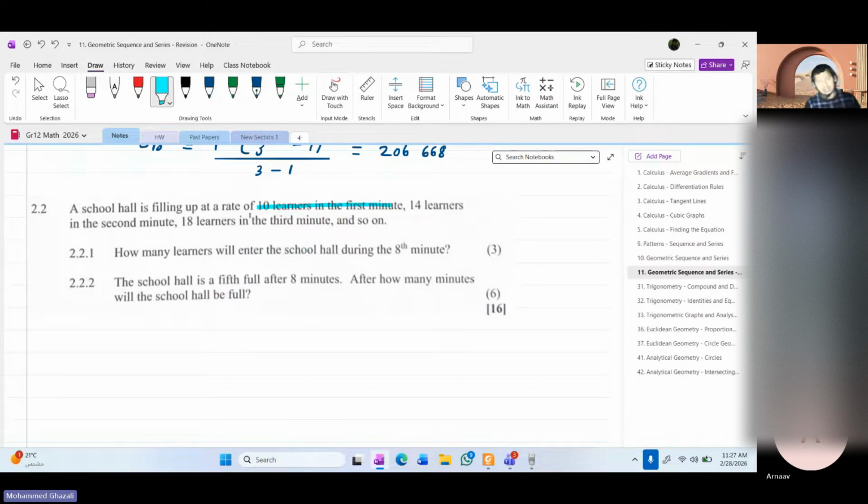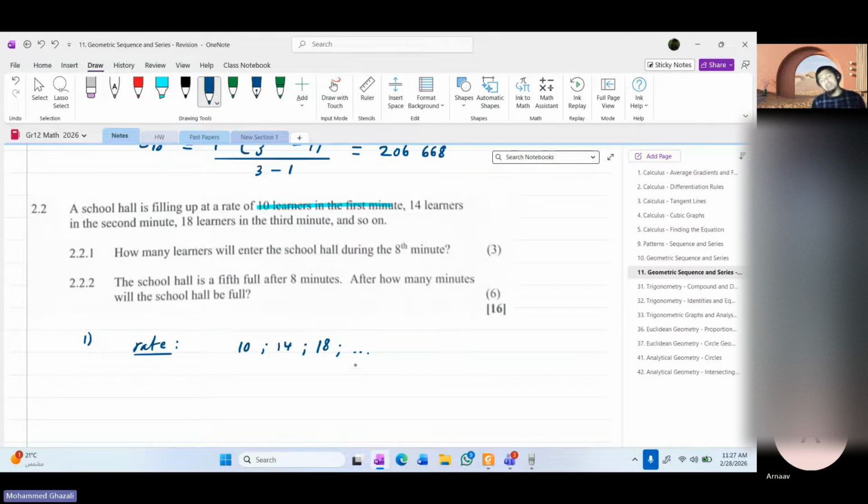So this is a pattern, and it looks like 10, 14, 18. You can see the rate at which it is filling up is we got 10, we got 14, and we got 18, and so on. So that's the first minute, that's the second minute, that's the third minute.